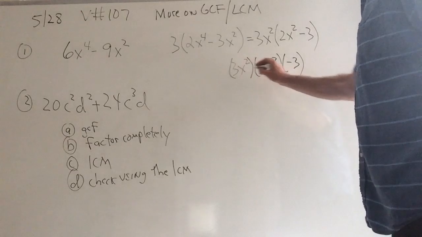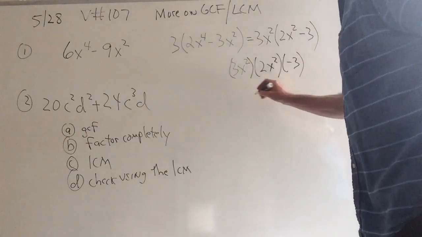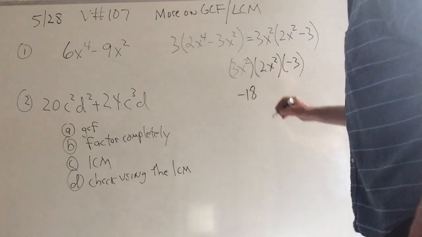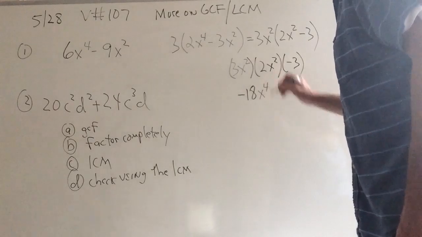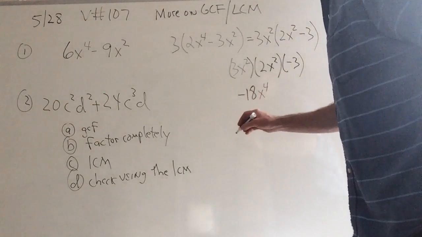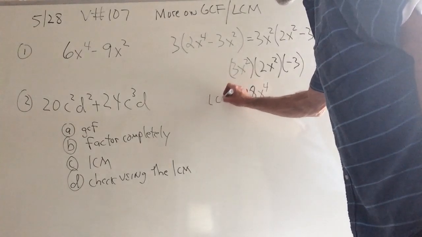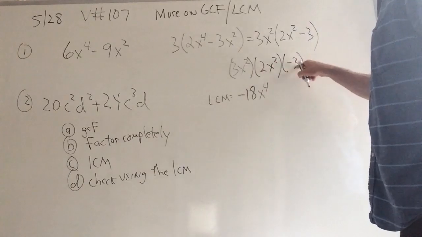So 3 times 2 is 6 times negative 3 is negative 18. And x squared times x squared is x to the fourth. That's one of the reasons that we did the exponential problems. So there's your LCM. Okay? This times this times this.